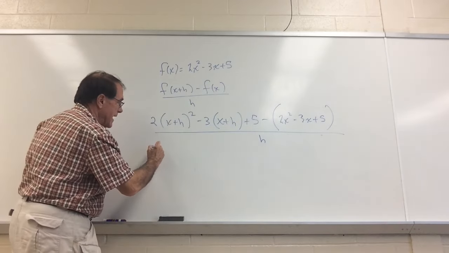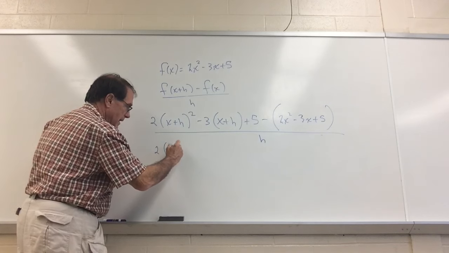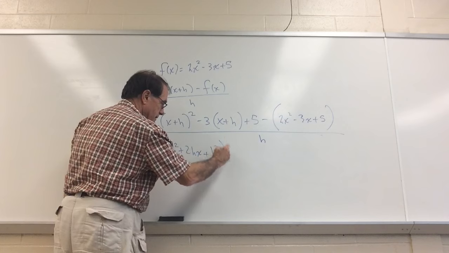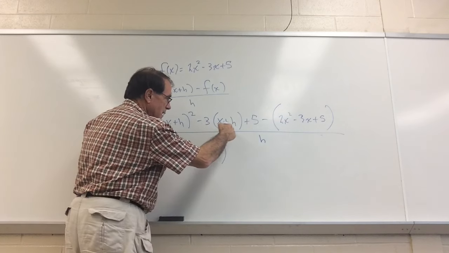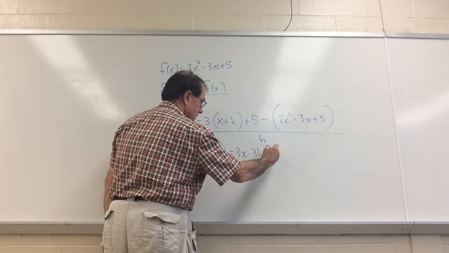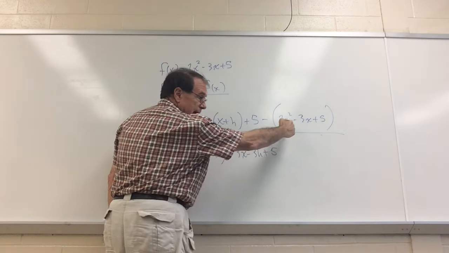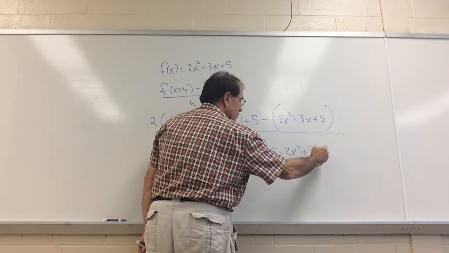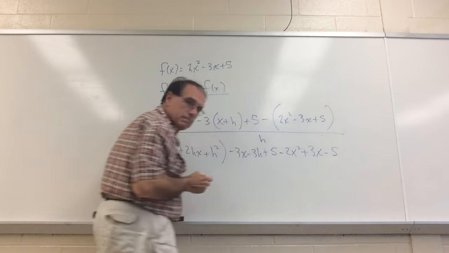So remember here I have to FOIL: x squared plus 2hx plus h squared. Distribute negative 3: negative 3x, negative 3h plus 5. Distribute negative 1: negative 2x squared, positive 3x, negative 5.